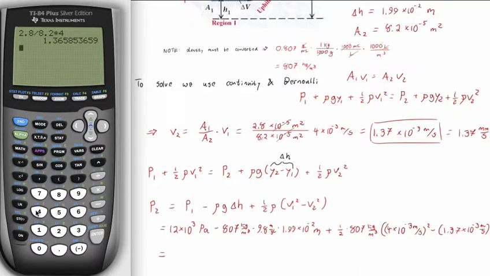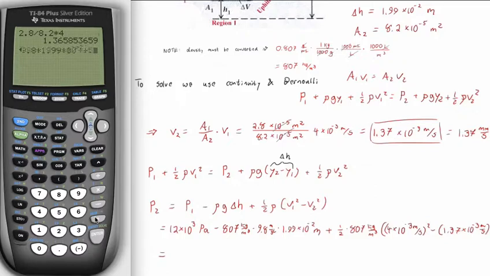So let's plug that all in and see what we get. 12 times 10 to the third, minus 807 multiplied by 9.8 multiplied by 1.99 times 10 to the negative 2, and then add our third term.